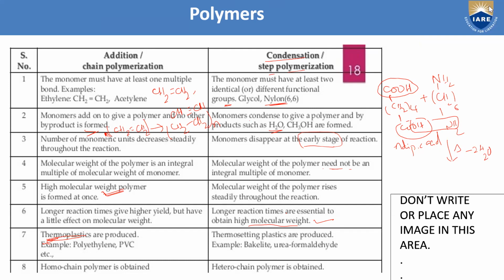Sir, could you let us know the CIE pattern? We don't know how the exams are being conducted, whether offline or online. If it is online, the paper pattern is different.